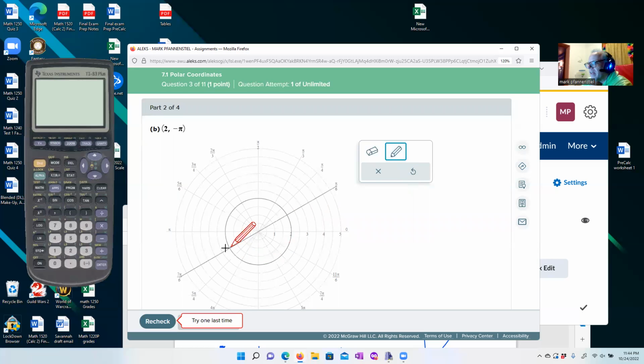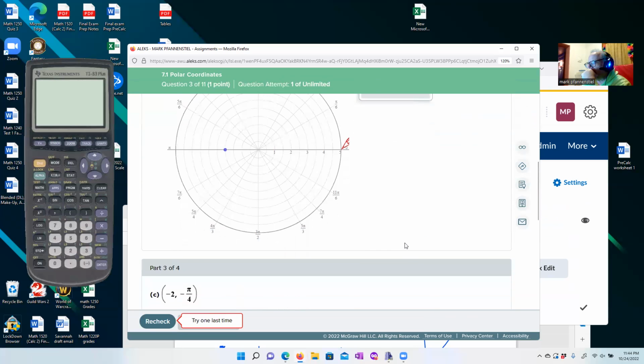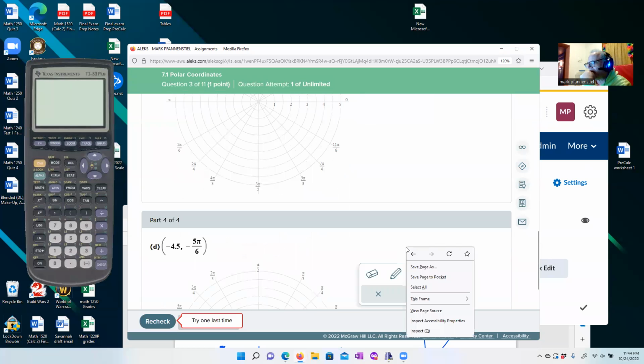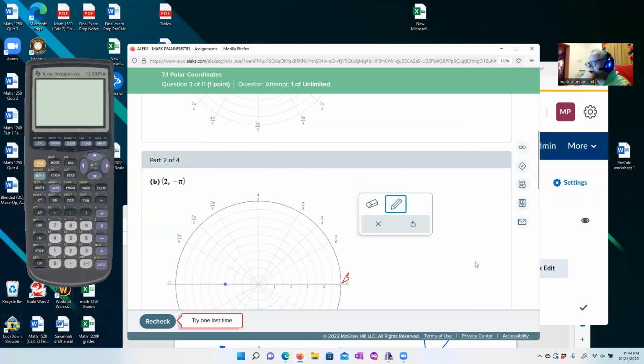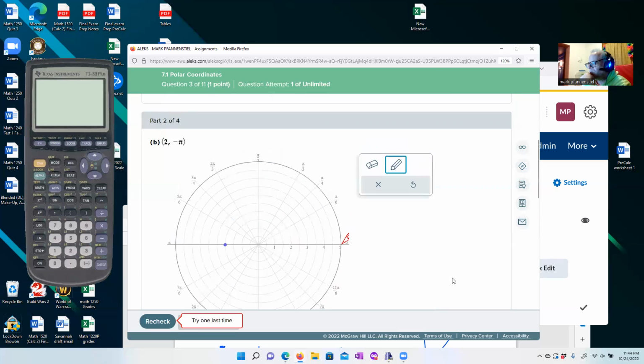Right. -pi is over here. And we're looking at 1, 2 in that direction. Okay. So we're going to be there. But we went around this way to get there. Okay. See, I think that was all the ones that I had missed.